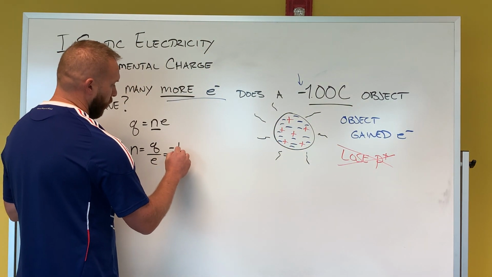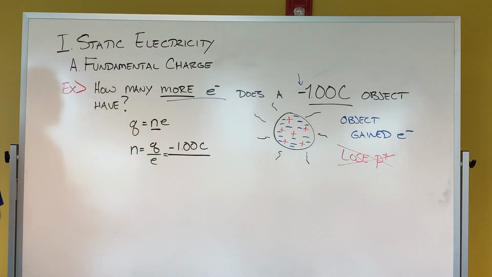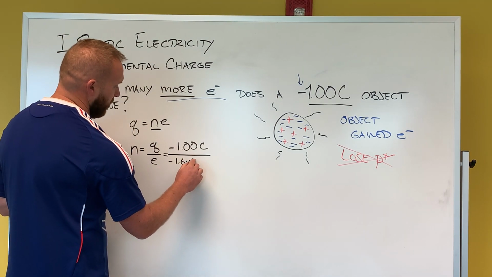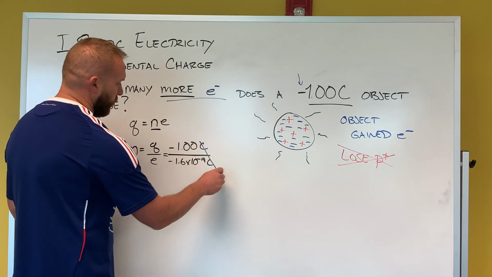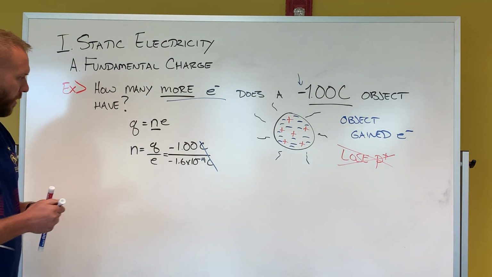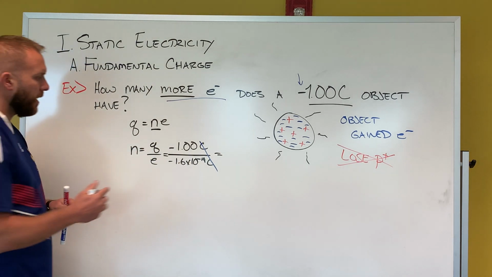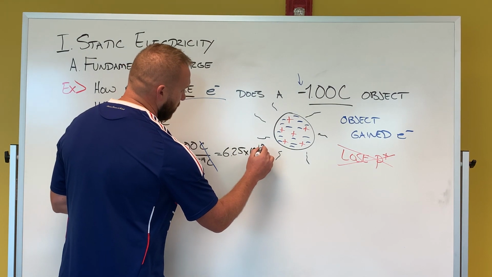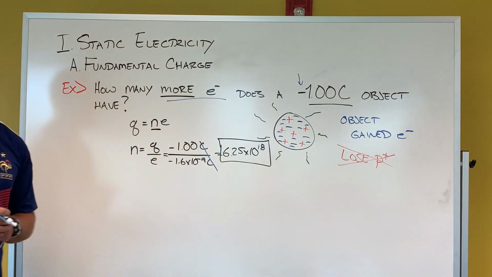So it's negative 1.00 coulombs divided by the charge of an electron, negative 1.6 times 10 to the negative 19 coulombs. Right, what we see here is my units cancel out, which is good because we just want a numerical value with no units after that. And if I plug that into my calculator, my negatives cancel out as well. And I get 6.25 times 10 to the 18 electrons. So that is how many more electrons that I have than protons.